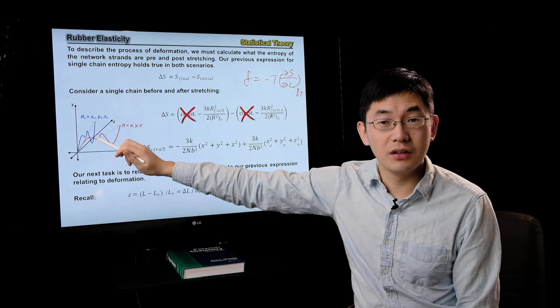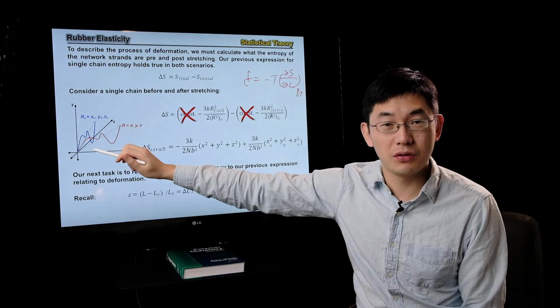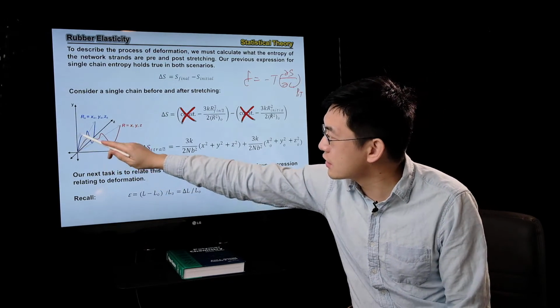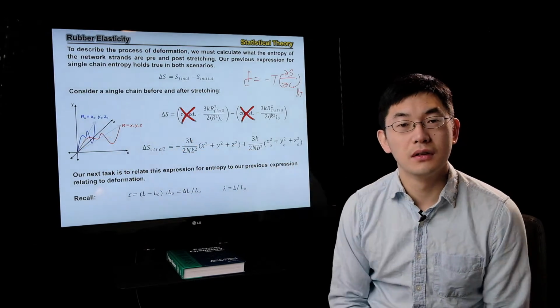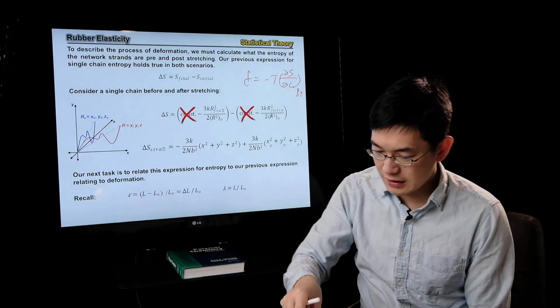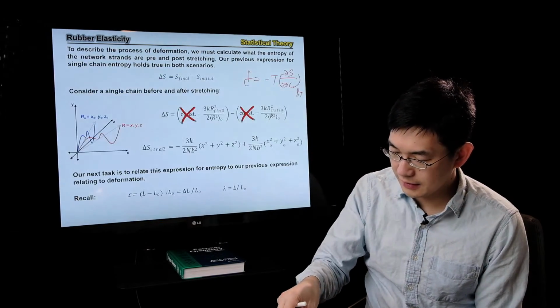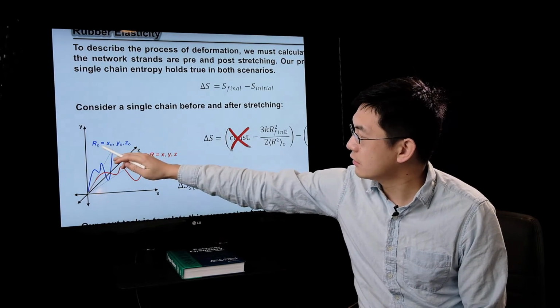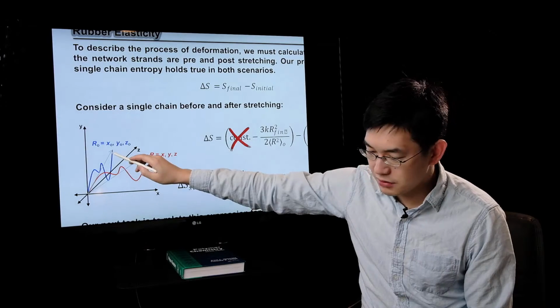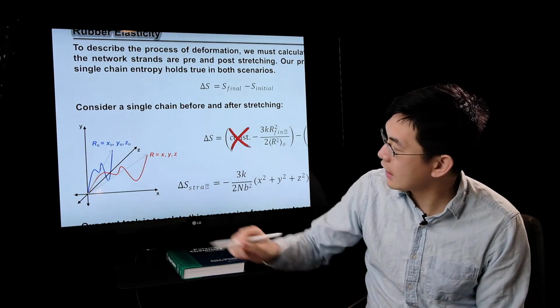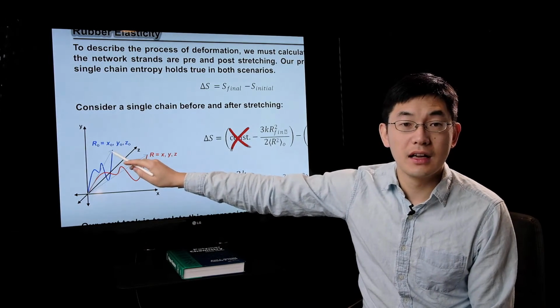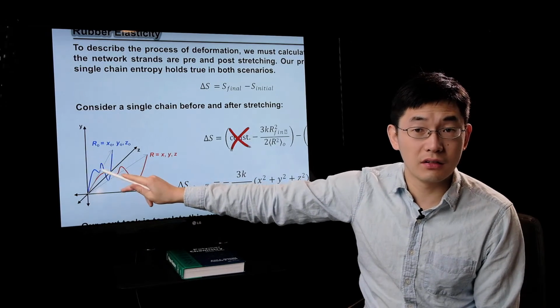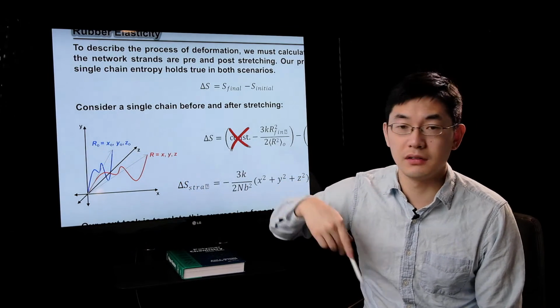a theoretical polymer coil that is shown initially looking like blue, and it's drawn on a 3-axis in our 3-dimensional space. So initially it's at R0, and R0 is located exactly where the end of this vector is, and it has a coordinate of x0, y0, z0.